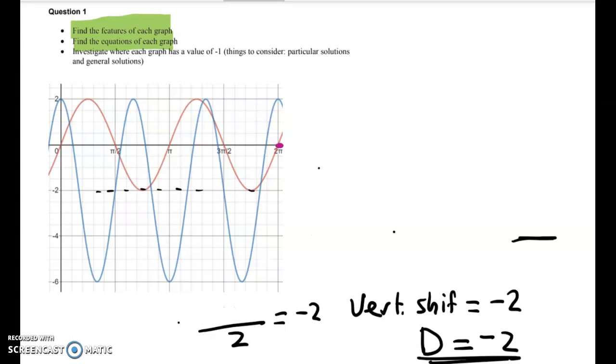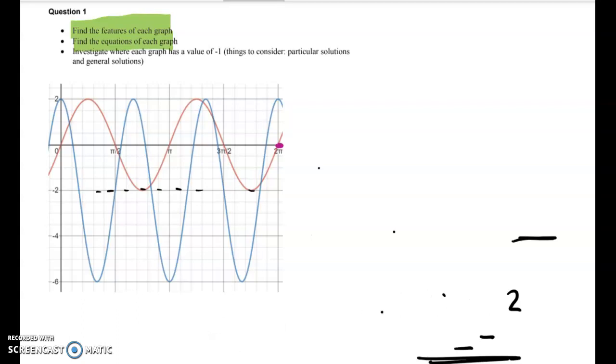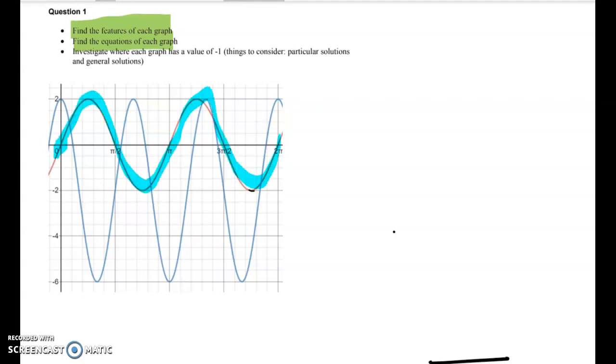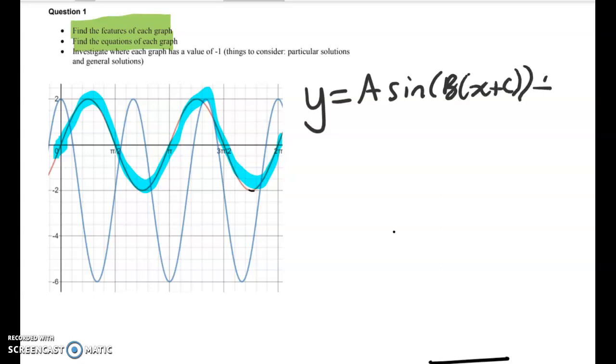So the red graph, we've got a choice of sine or cosine, and this time I'm going to choose sine. And I'm doing that because here's my starting point for the curve, and it's following the standard sine pattern. So we're going to go with this function, y equals a sine of bx plus c plus d.